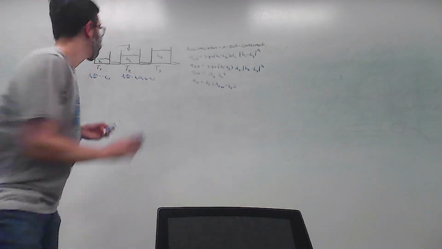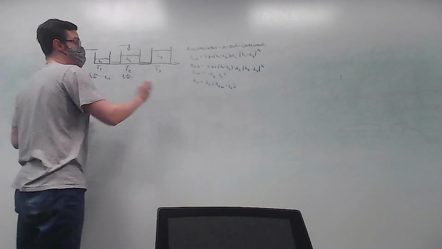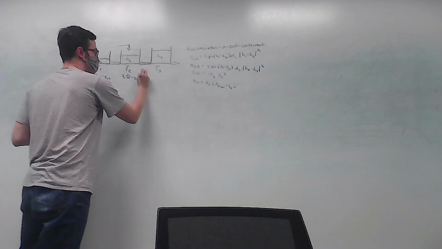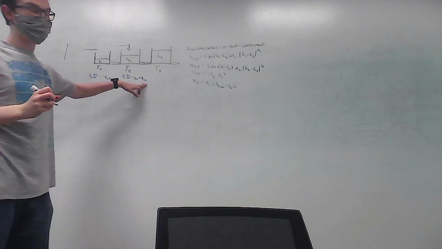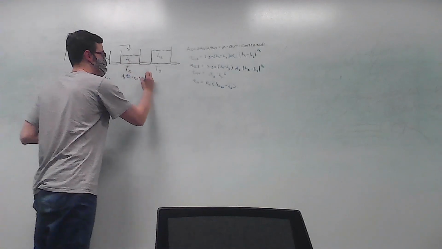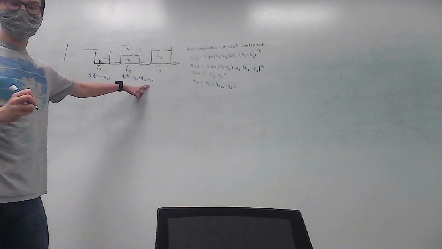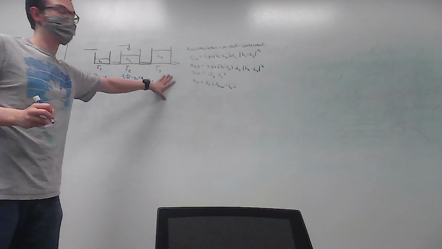Actually, I'm just going to write it out: plus the flow rate from 1 to 2 minus the flow rate from 2 to 3. That's our accumulation here.